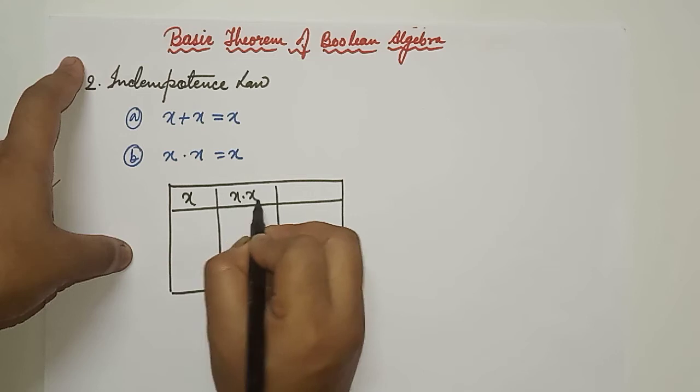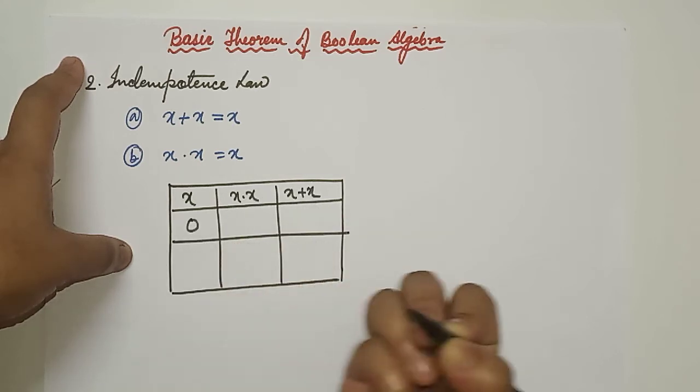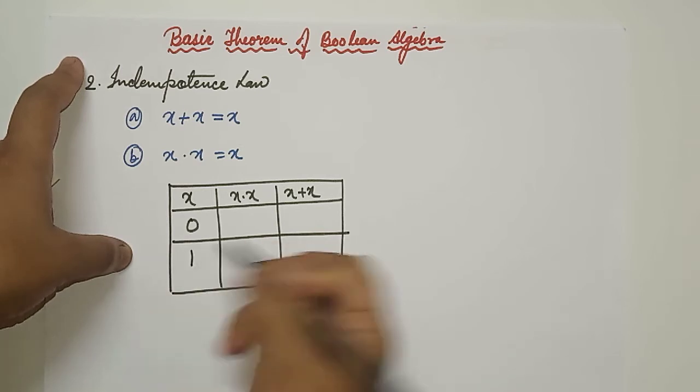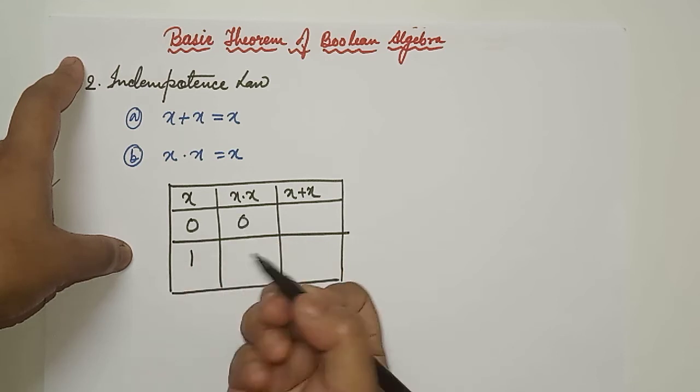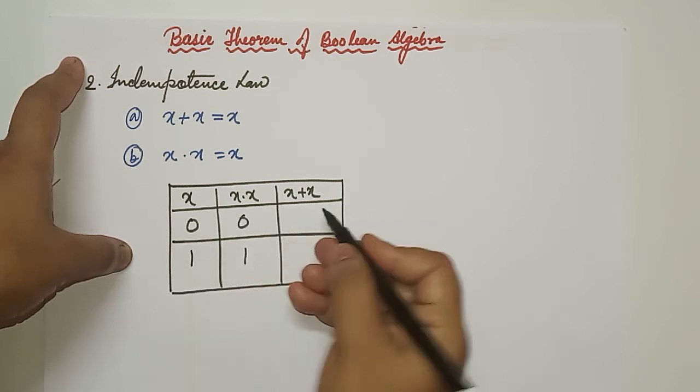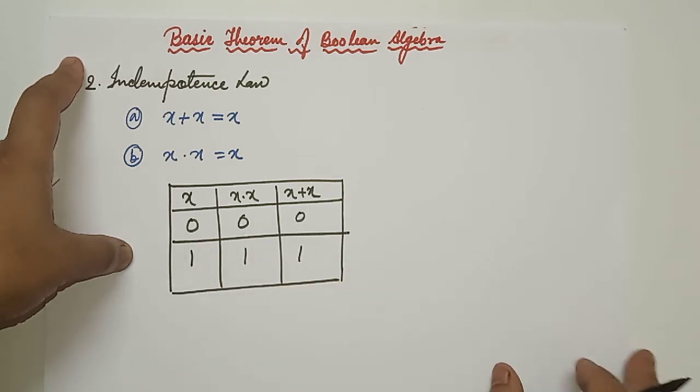X will have only two possible values. If the value is 0, the result will be 0. If the value is 1, the result will be 1. The same over here. So this is the idempotence law.